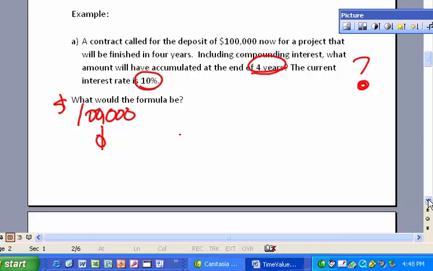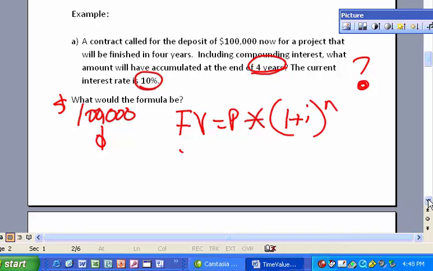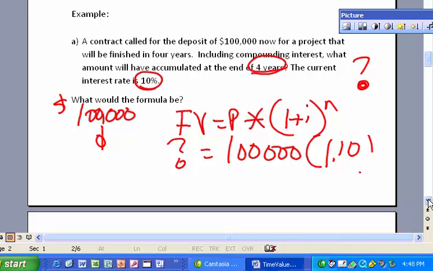We just said the future value equals the present value times 1 plus i to the nth power. So the future value equals $100,000 times 1 plus the interest rate of 10% raised to the 4th power.